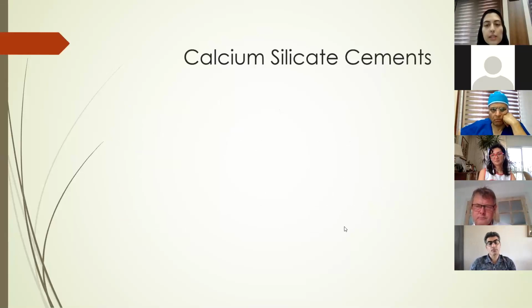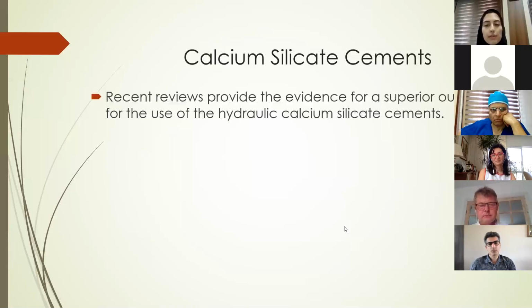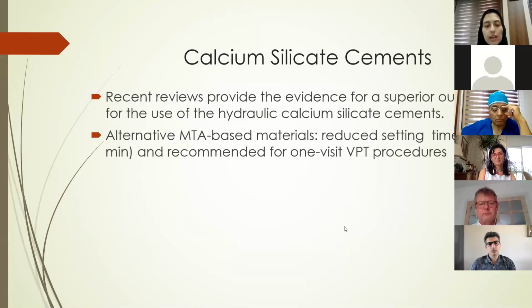The second material which is introduced as a pulp capping material is calcium silicate-based cements. Recent reviews provide the evidence for a superior outcome for the use of this kind of cements. Alternative MTA-based materials try to reduce setting time, for example, Biodentine, and they are recommended for one visit pulp therapy procedures.